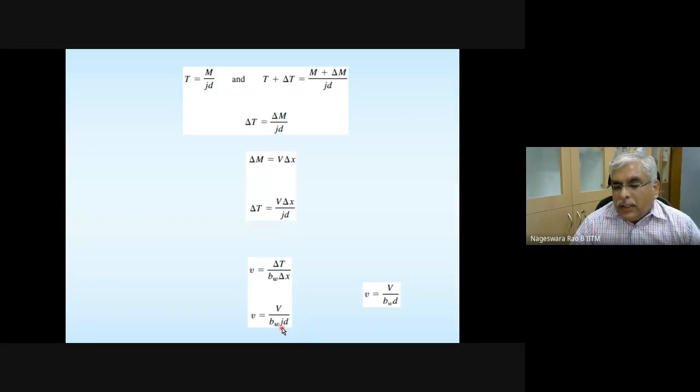But what is j? j is the lever arm factor. j is going to depend on your k value. k is the neutral axis depth factor.